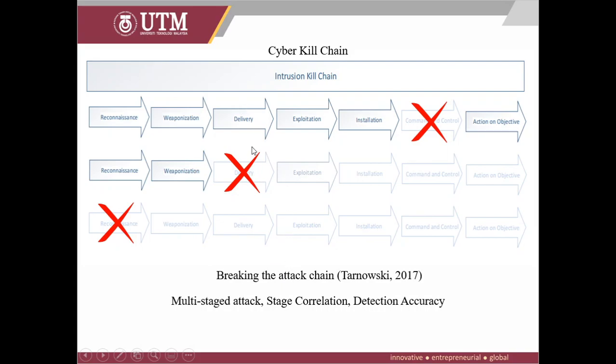For example, if we detect the delivery stage of APT into the system and we manage to stop it, then the rest of the stages do not happen. Or if we are able to stop it as early as the reconnaissance stage, the rest of the attack can be prevented. So one of the important things in detecting APT is to stop the attack before it happens.